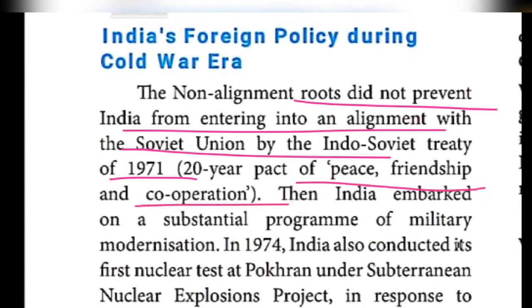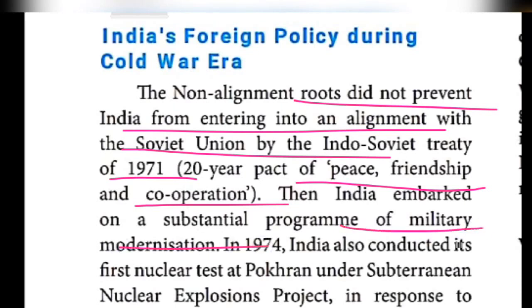Then India embarked on a substantial program of military modernization. At that time it had a relationship with Russia and a plan, and took many steps in the field of military modernization.